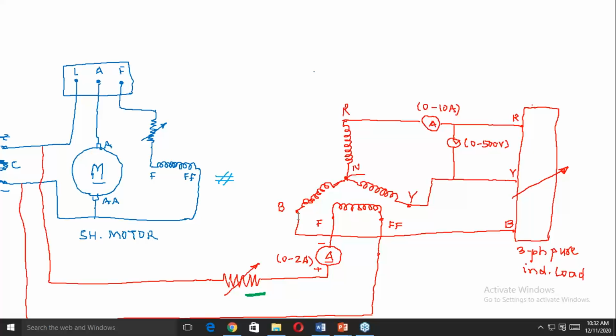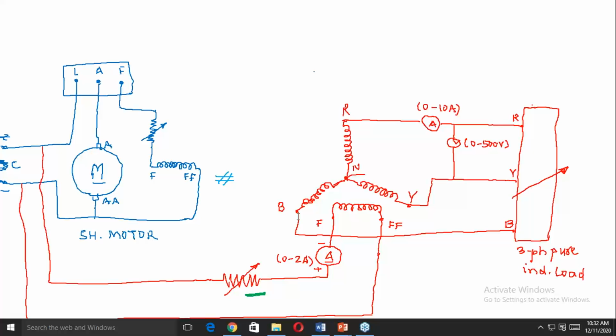What is the generator doing? On one hand taking power, on the other hand delivering power. Whatever power is delivered by the motor to the generator, the generator converts into electrical and feeds. So you are loading the generator, indirectly you are loading the motor.